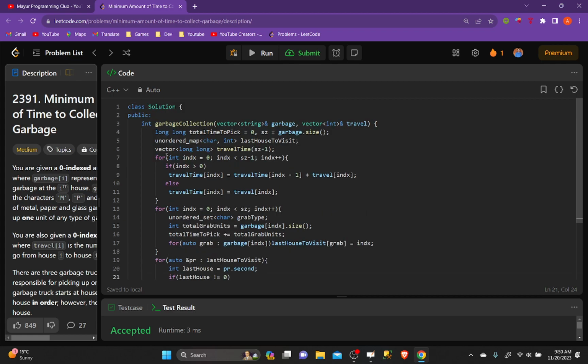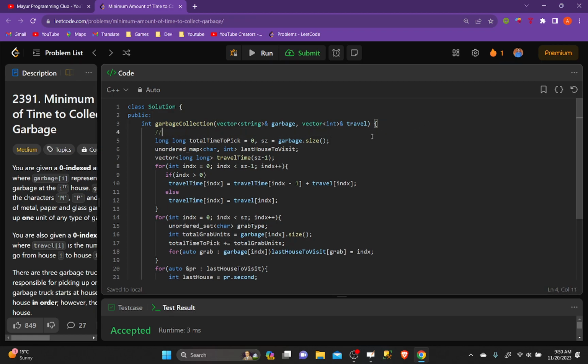I have separated it, let me explain it line by line. Total time to pick up will be the return value for this function.